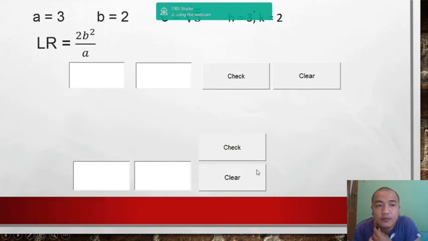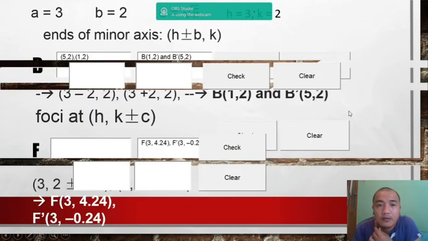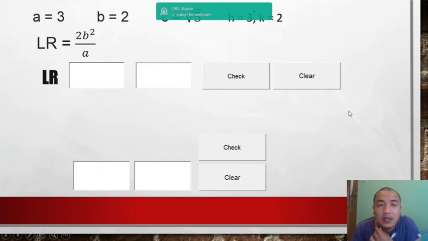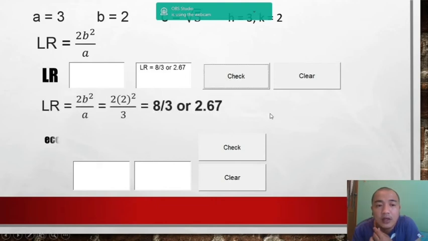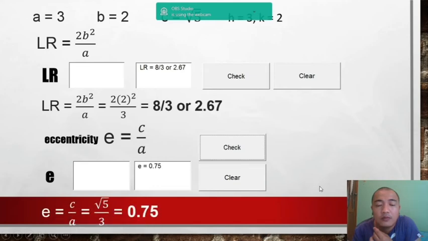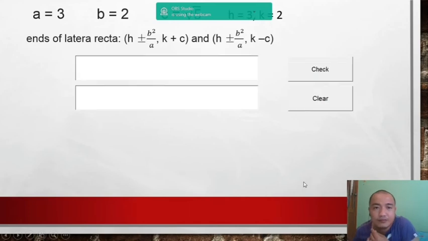How about the length of the lateral recta, 2b squared over a? 2 times 4 over 3, that means 8 thirds, or 2.67. How about the eccentricity? It tells the roundness of the ellipse. The square root of 5 over 3 is equal to 0.75, or 3/4.